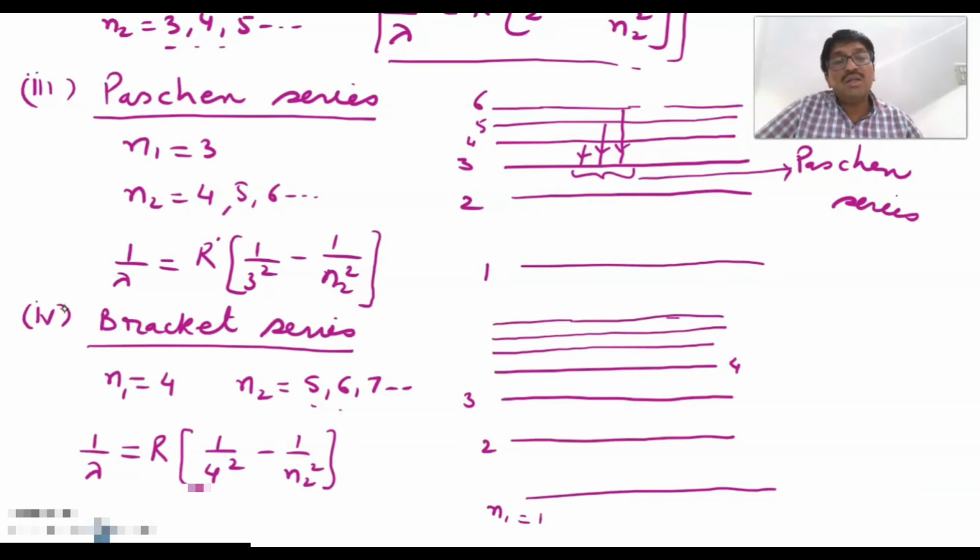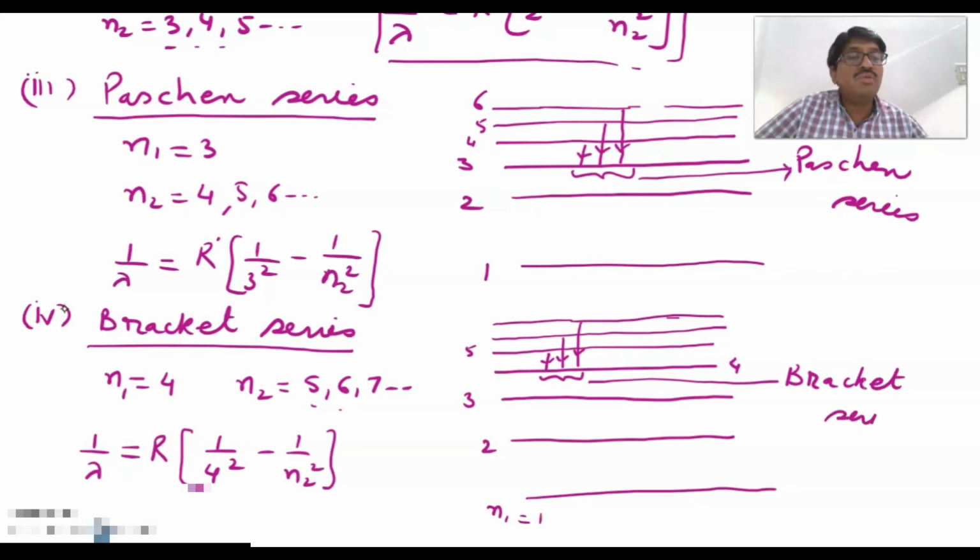If atoms are coming from 5 to 4, 6 to 4, 7 to 4, then the wavelengths of these photons are coming in Brackett series of hydrogen spectrum.